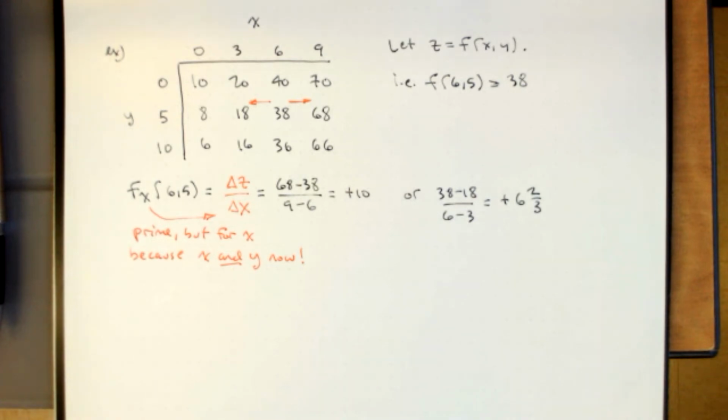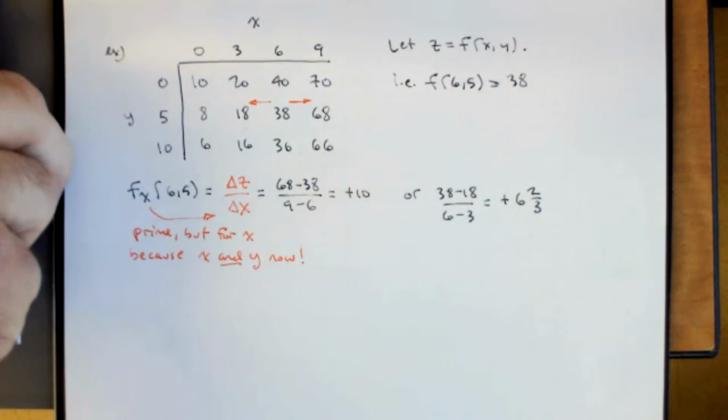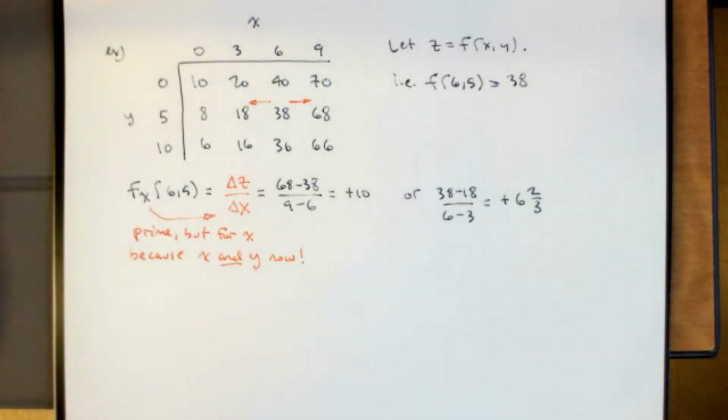We're asking derivative stuff. Derivative stuff is just slope stuff. If all we have is 2 points, we find the slope between 2 points, same as we've always done. But just like Skywalker's, there is another: f sub y at 6, 5.